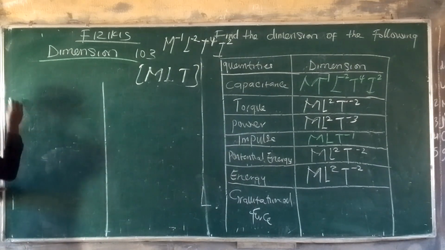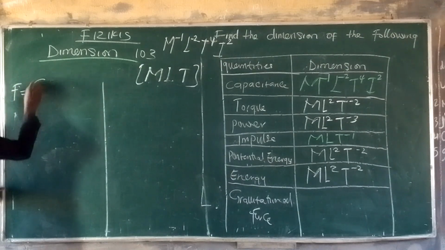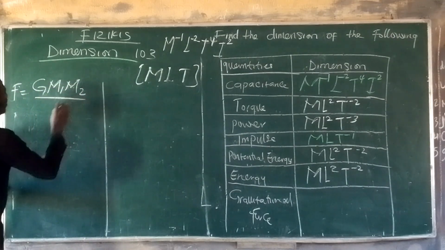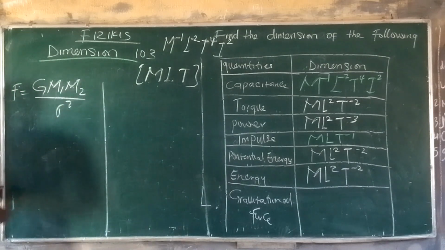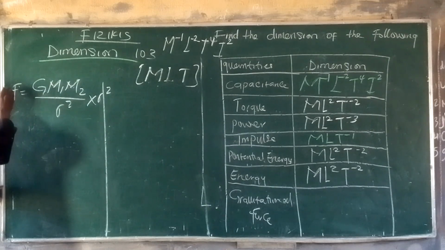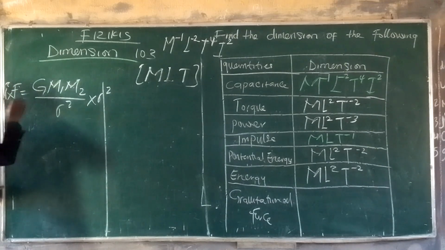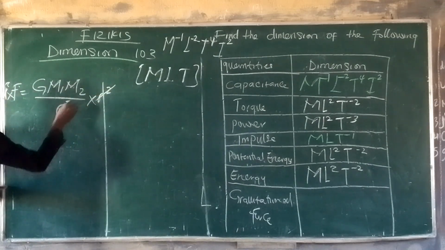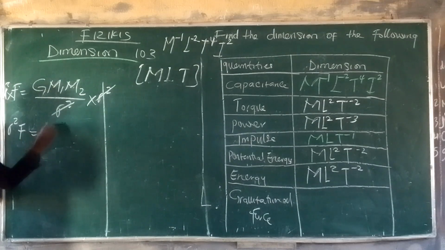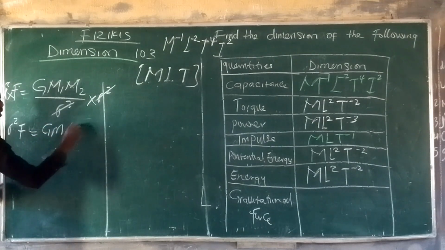We know that force is equal to G m1 m2 divided by r to the power of 2. Now let's multiply by r squared. What you do on this side, you do on this side. So r squared cancels r squared, and what you have is r squared times force equals G m1 m2.